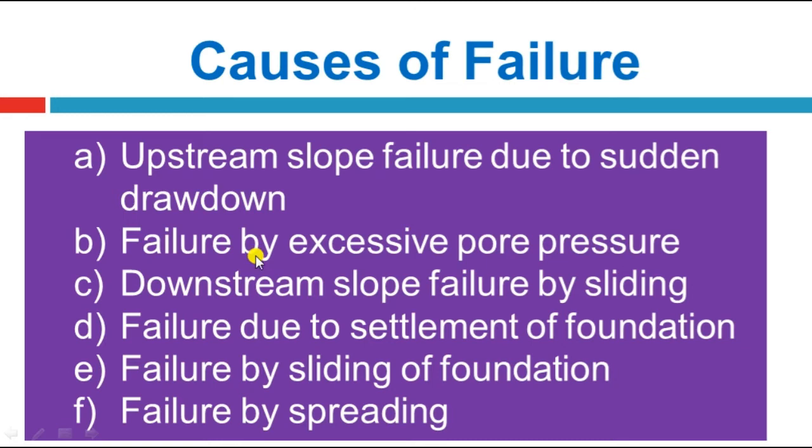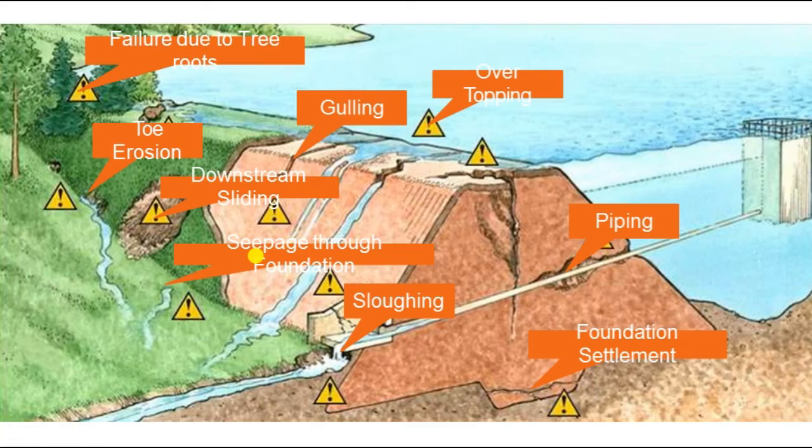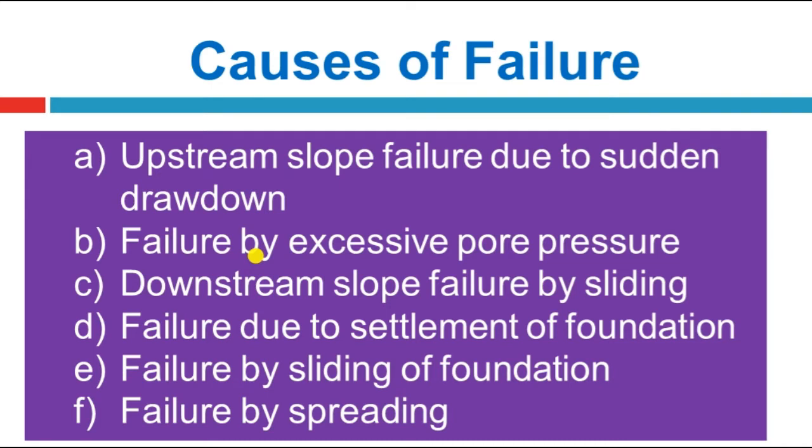We saw previously how it can fail. Failure by excessive pore water pressure, downstream slope failure by sliding, failure due to settlement of foundation, failure by sliding of foundation, and failure by spreading. Those are the different types of failure that occur in an earthen dam.